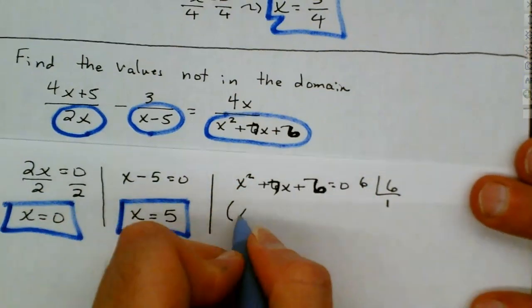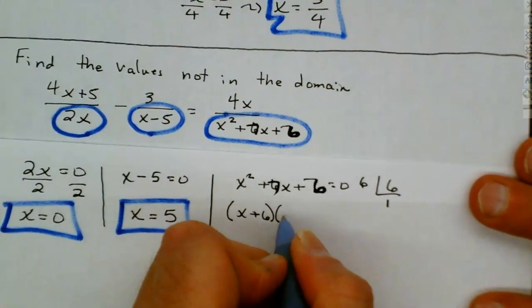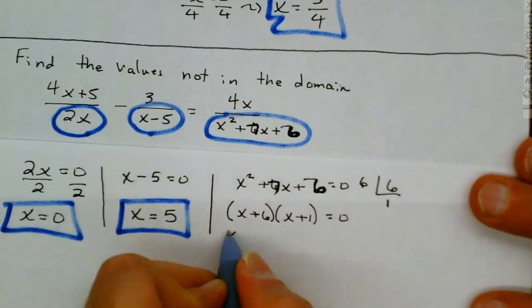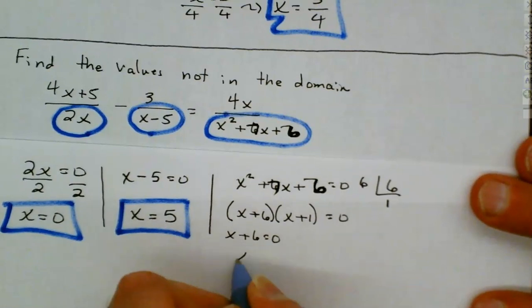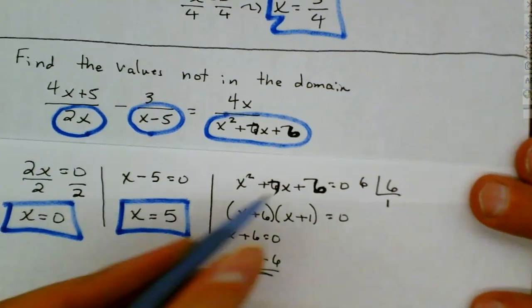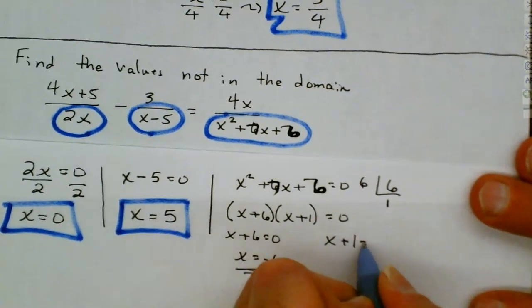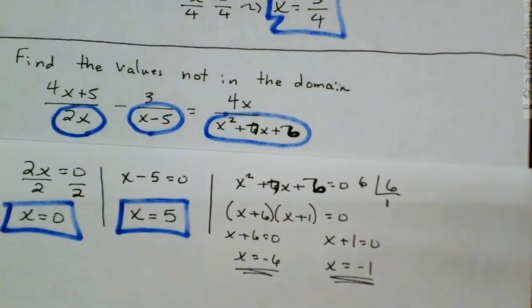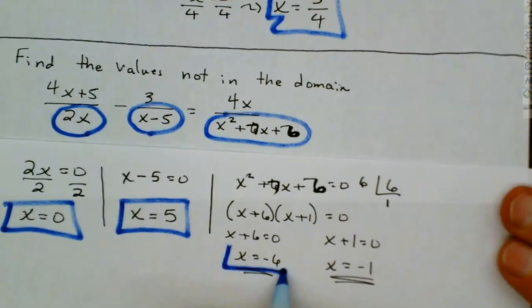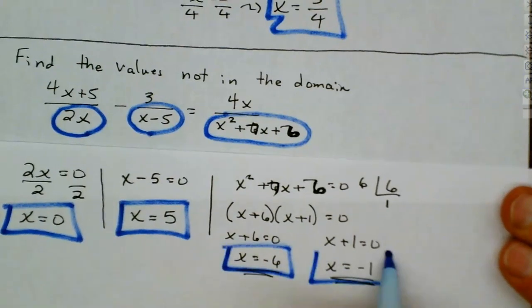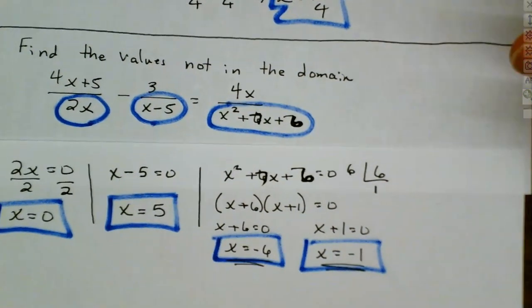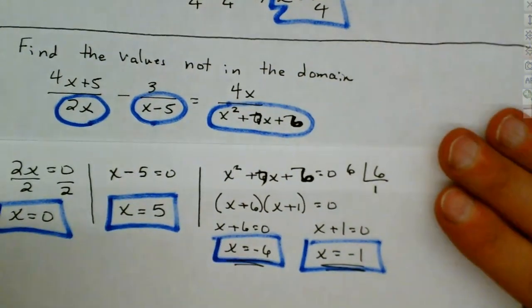That factors into x plus 6, x plus 1 equals 0. And so x plus 6 equals 0. So x equals negative 6. x plus 1 equals 0. So x equals negative 1. And those are the numbers that are not in the domain.